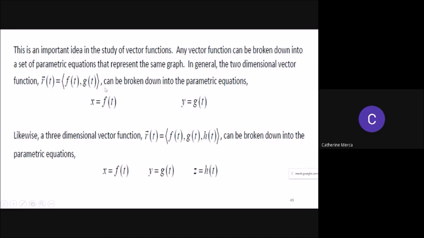So component by component, x is your f of t and y is equal to g of t. So it can be broken down into these parametric equations. Likewise, ang three-dimensional ninyo na r of t, f of t, g of t, h of t can be broken down as x is your f of t, y is your g of t, and z is equal to h of t.